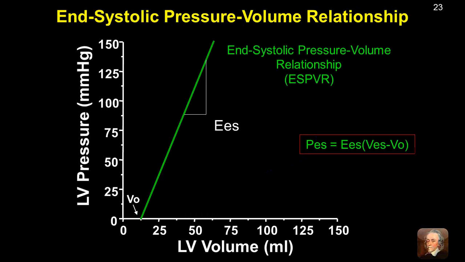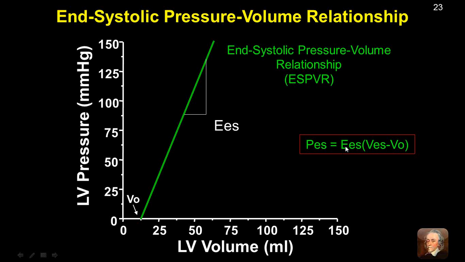On the other hand, as I mentioned, the end systolic pressure volume relationship is linear and can therefore be characterized by 2 parameters, the volume axis intercept and the slope, which is called end systolic elastance, abbreviated EES. With this construct, it's very simple to interrelate end systolic volume and end systolic pressure with this simple linear equation.